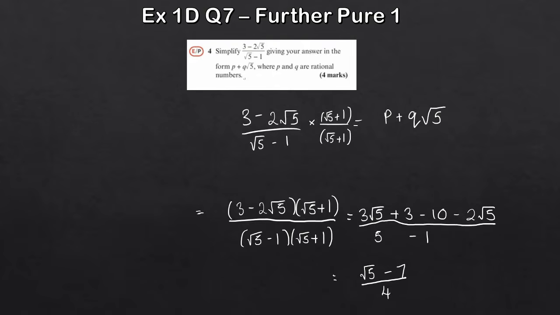Okay, so in the form p plus q root 5, my p will just be minus 7 over 4, and my q root 5 will just be root 5 over 4. So this expression is the required form, and p and q are just rational numbers. So yeah, happy days. That's 4 marks for that in total.